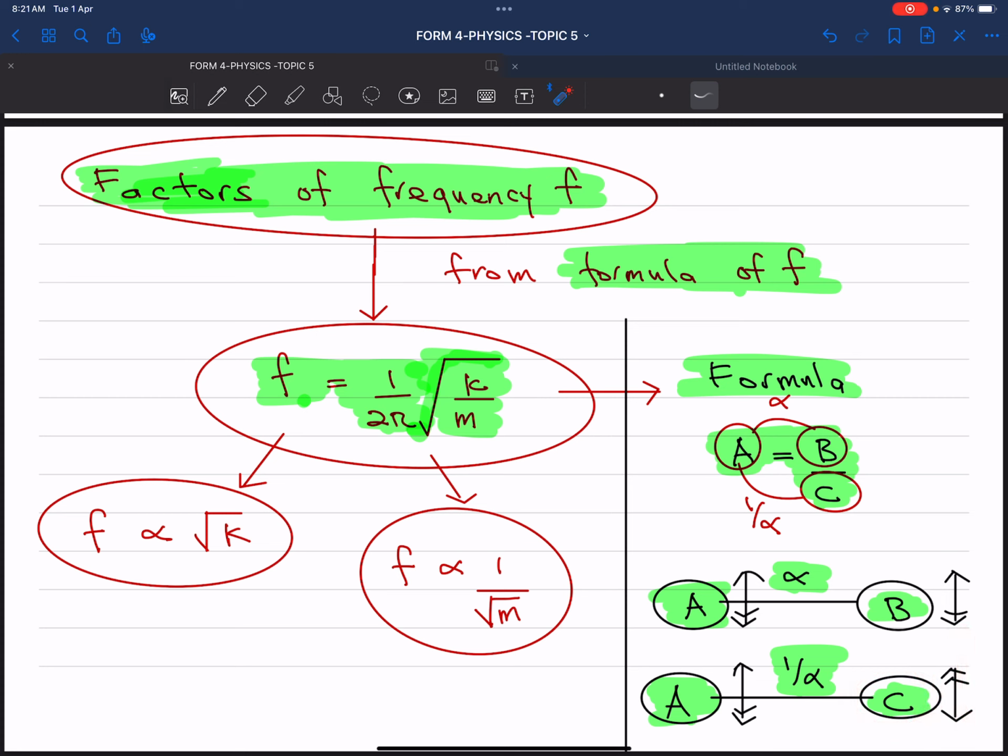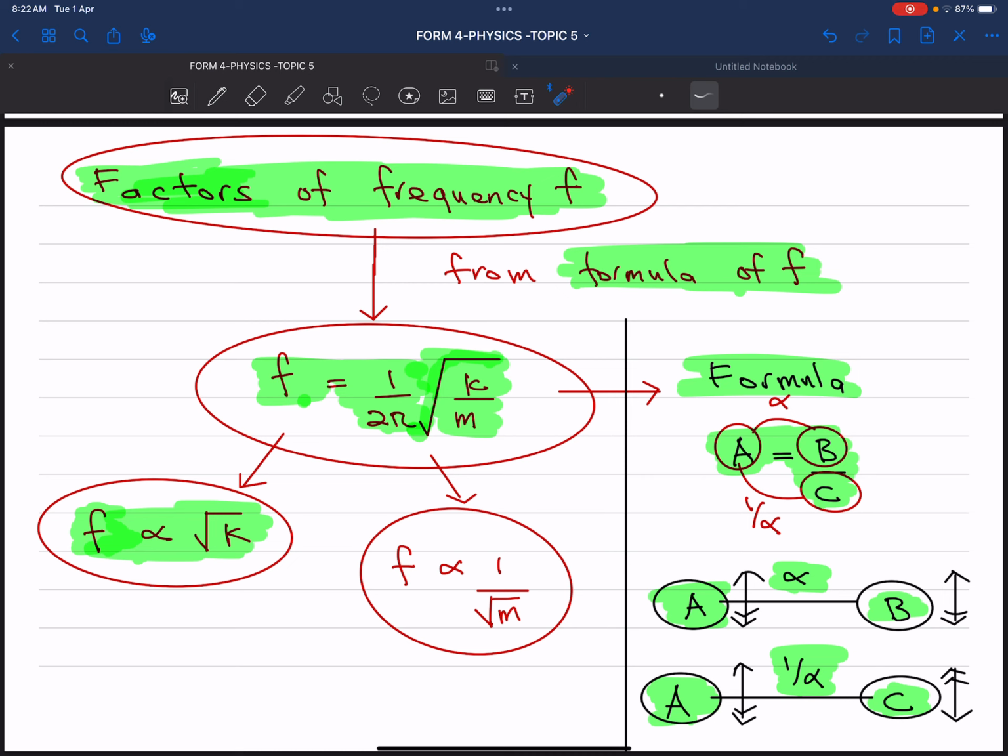So from this formula of frequency, f and K is up and up, directly proportional. That means the frequency of the loaded spring is directly proportional to the square root of K. And another factor, f and m is up and down, inversely proportional.